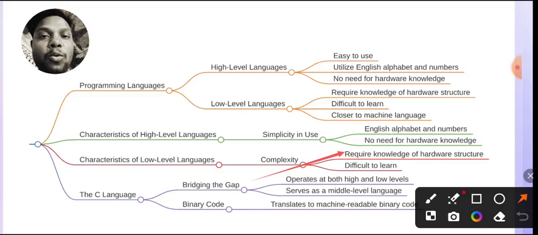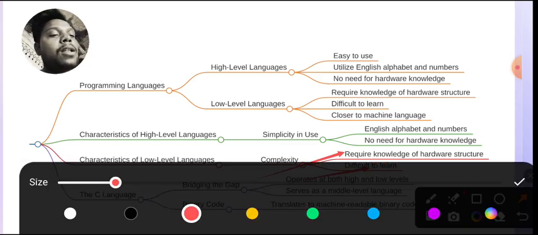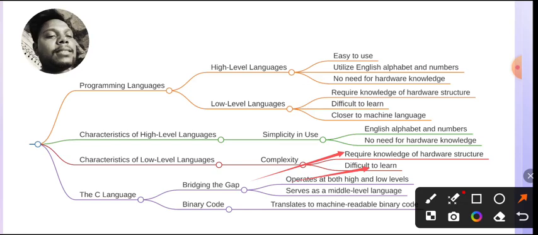You must know what kind of structure is used in hardware, whether Von Neumann structure, 64-bit architecture or 32-bit architecture is used, and it is also difficult to learn.